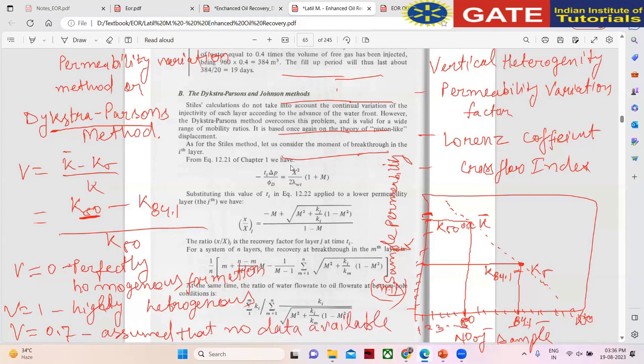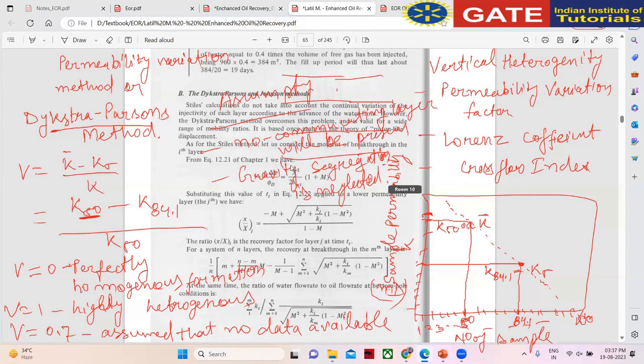In the Parkinson method, there are two assumptions. First, no communicating layers will be present. Second, gravity segregation is neglected.